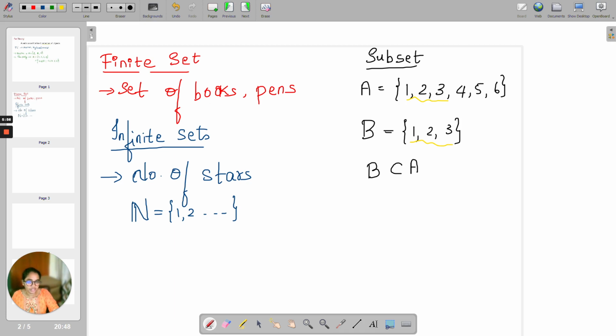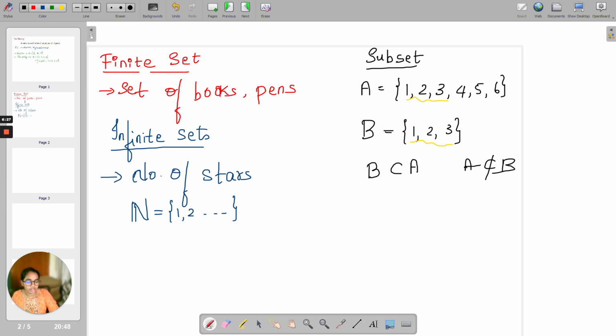That is the reason we call B a subset of A. So basically, all the elements of B should be present in A. It is not necessary that all the elements of A must be present in B. So I cannot write A is a subset of B. I am writing B is a subset of A. All the elements of B are present in A. A is not a subset of B.